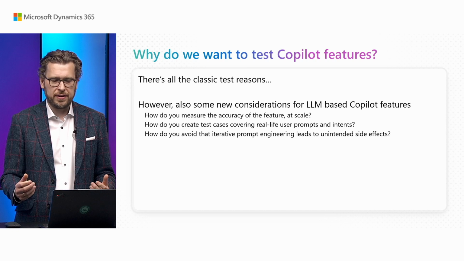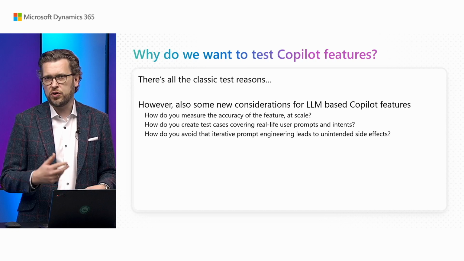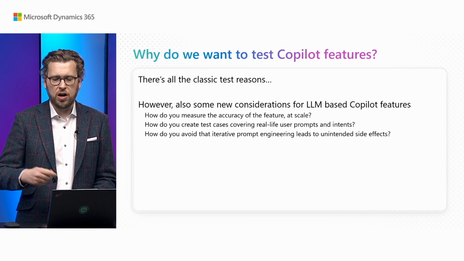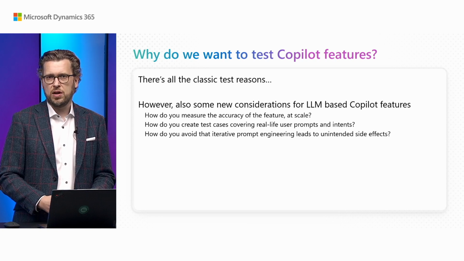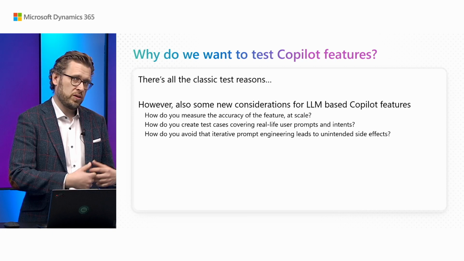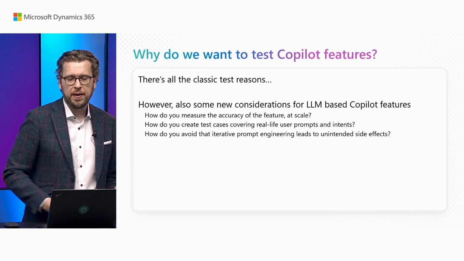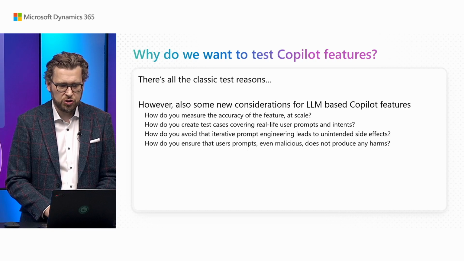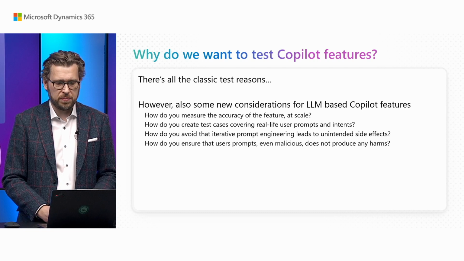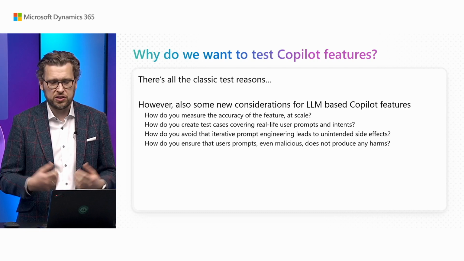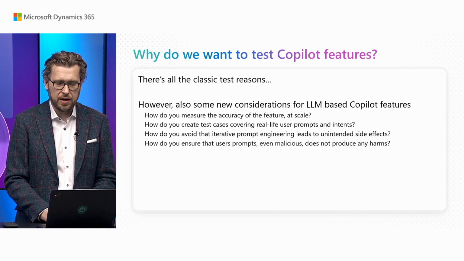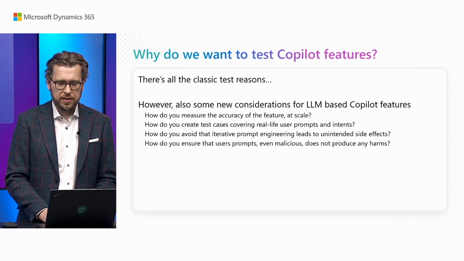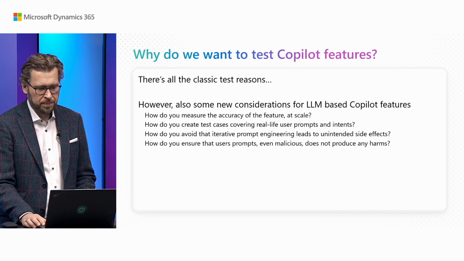How do you avoid that iterating over your prompts, your system prompts, and the prompt engineering leads to unintended side effects? Maybe you perform those iterations because you want to improve quality in one area, but then it goes down in a different area. How do you ensure that user prompts, especially malicious ones, do not produce any harms, that you don't get responses out of the generative Copilot that contain harms?